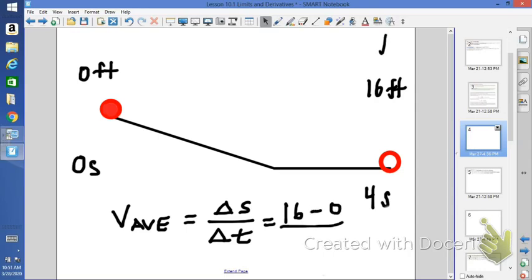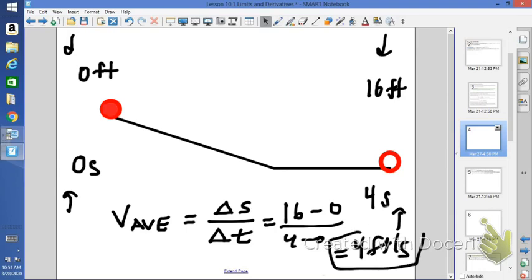Okay, so here's where it finished. Here's where it started. Take the difference of those, and you find your change in s. Our change in time ends at 4 seconds, starts at 0, so 4 minus 0. Go ahead and do 16 over 4, and you're going to get 4 feet per second. So the average velocity is 4 feet per second.